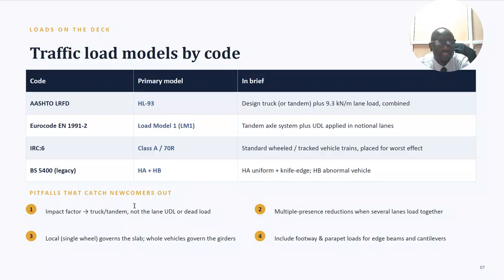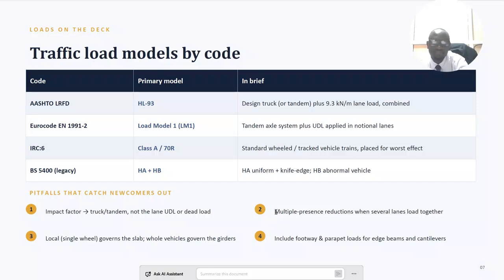Pitfalls that catch newcomers out. Impact factor applies to the track or tandem, not the lane UDL. You have multiple presence reduction when several lanes are loaded together. I think this one is more in the HA and HB when the lanes go past 2. There are those reduction factors.